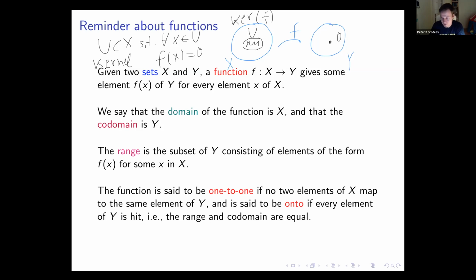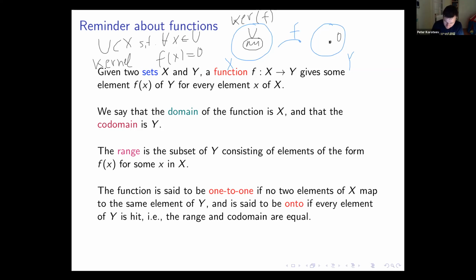In our example with the projection map, the kernel consists of the entire x3 coordinate axis. So again, kernel means the subset of the domain which is sent to 0 in the codomain.